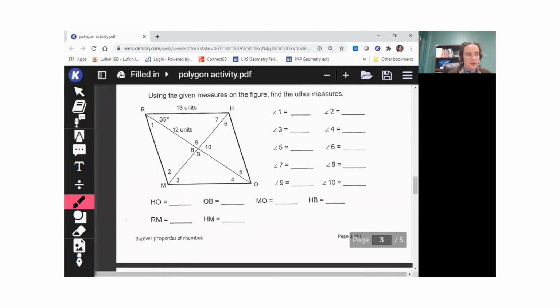So now we're going to use that information. First thing, start with your center where your diagonals intersect each other, because each one of these angles is going to be 90 degrees because those lines are perpendicular to each other.